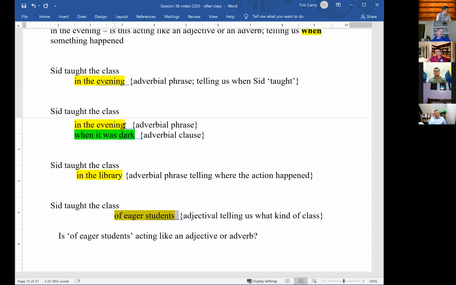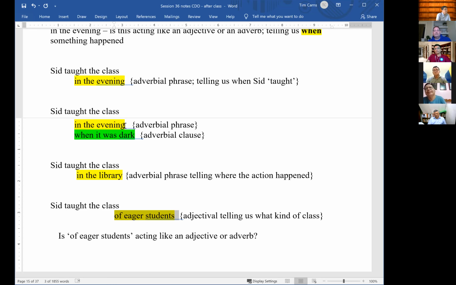If it's acting like an adverb, it's modifying a verb. Okay? This is the thought process. Main clause. Identify phrases and clauses. Indicate or answer how does each phrase or clause function. And then we place it under that word which it's modifying.